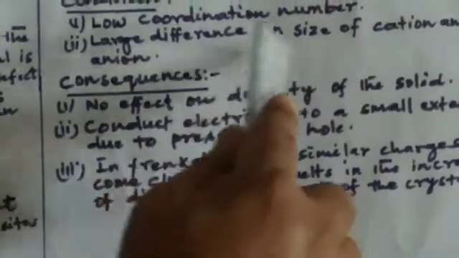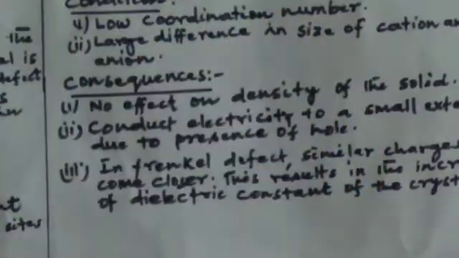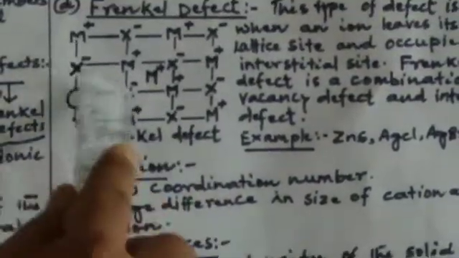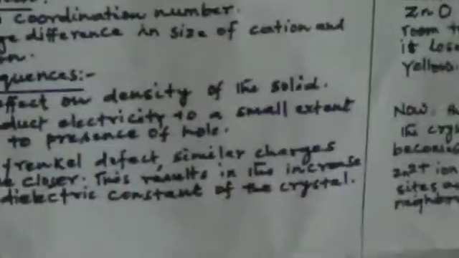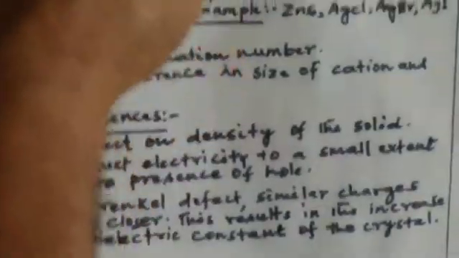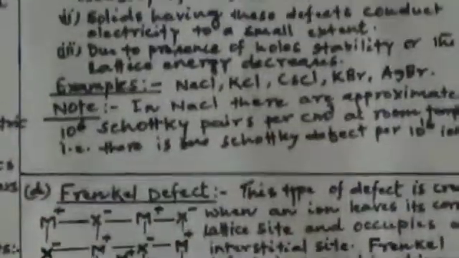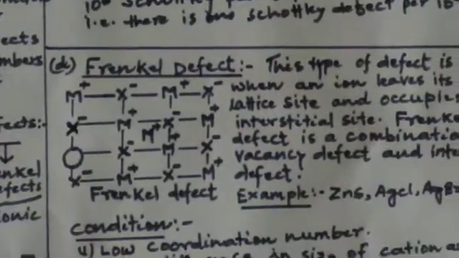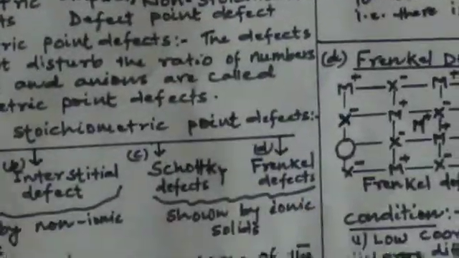It does not affect the density, and it also causes some electrical conductance due to the presence of the vacancy. So this is all about the Frenkel defect. In board examination, this part is very important. And what is the question? The question is: differentiate between the Schottky defect and Frenkel defect.